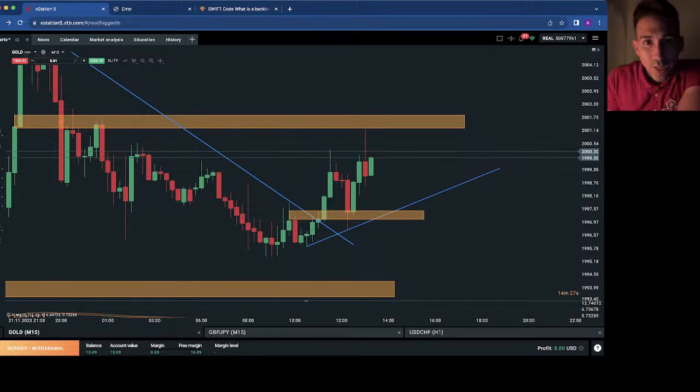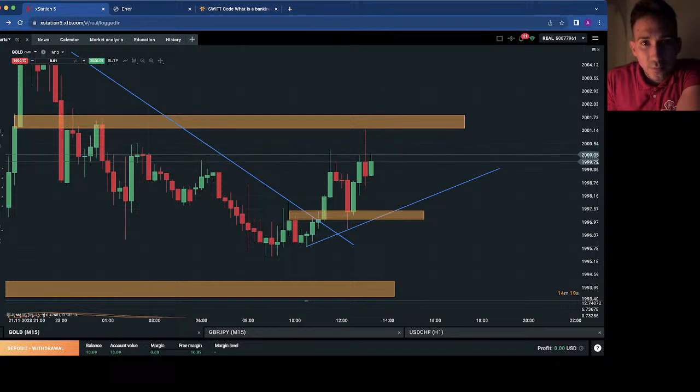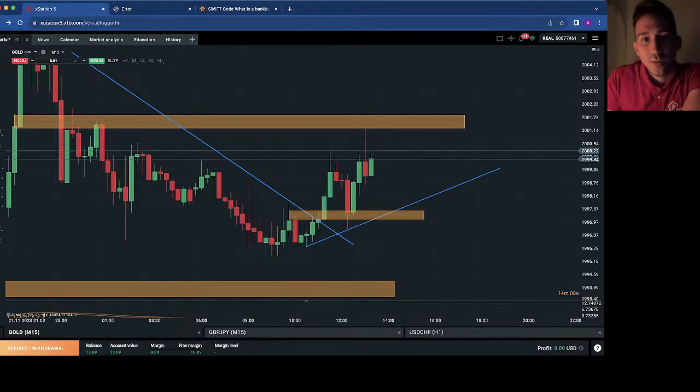We don't trade the wick, we act on the reaction to the wick. So it didn't go past this marked area here, so we're still going up.